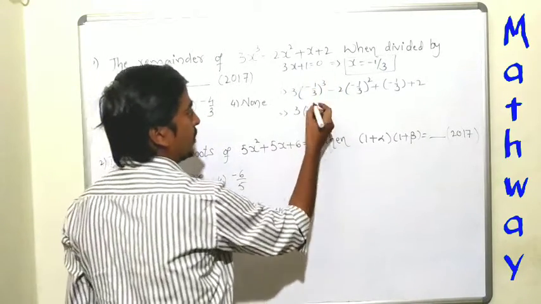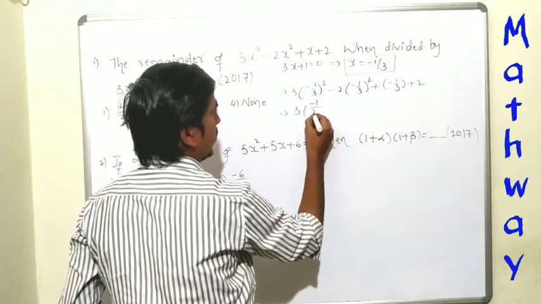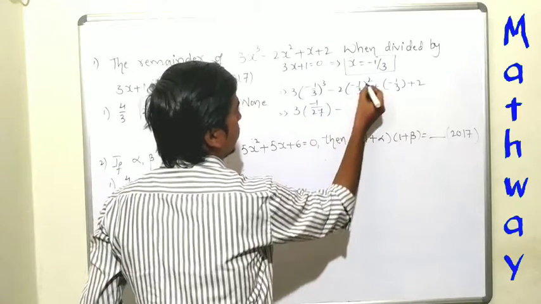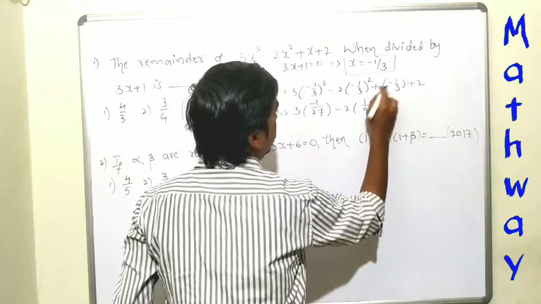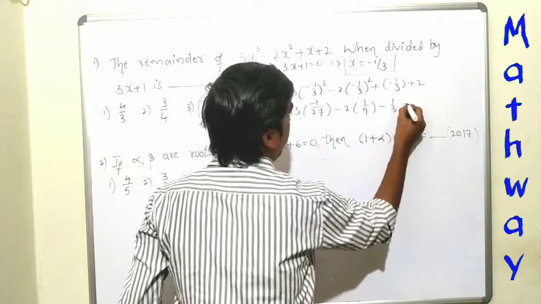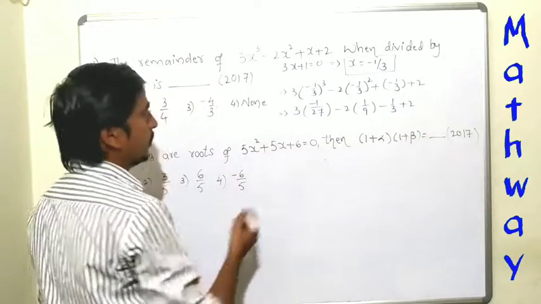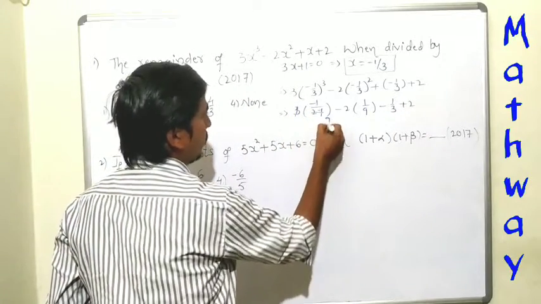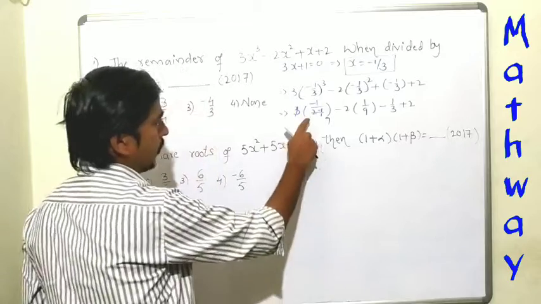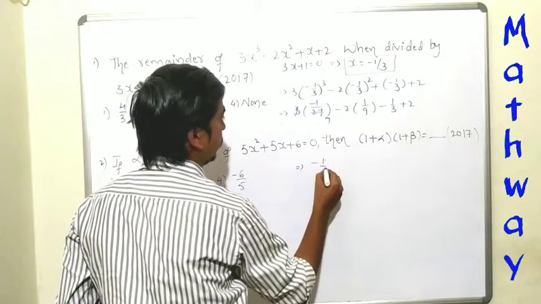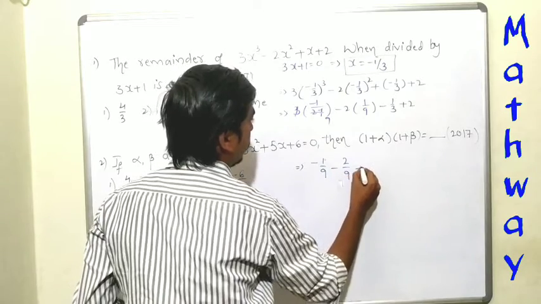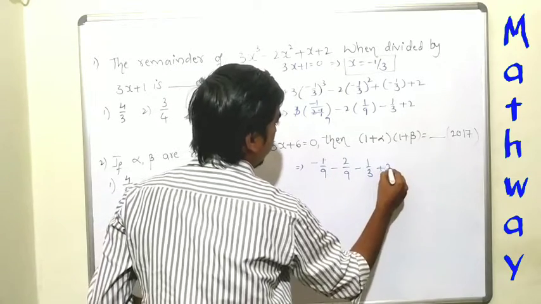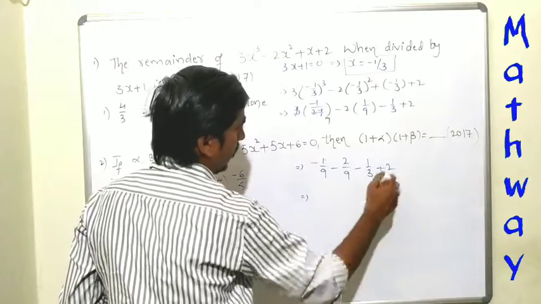Minus 1 by 3 cube is minus 1 by 27, minus 2 of 1 by 9, plus minus 1 by 3, plus 2. We can cancel: 3 ones are 3, 3 nines are 27. So we get minus 1 by 9 minus 2 by 9 minus 1 by 3 plus 2. Now we can take the LCM.